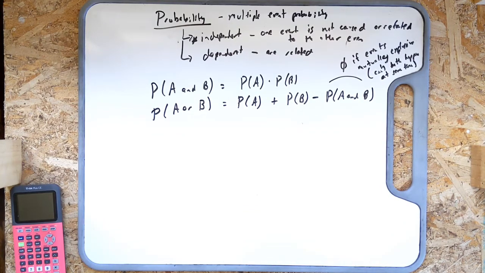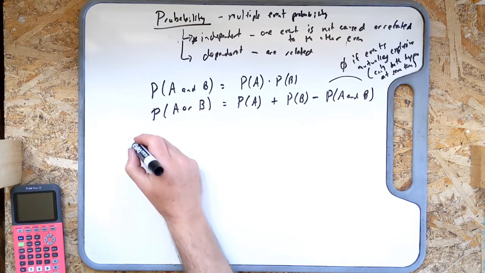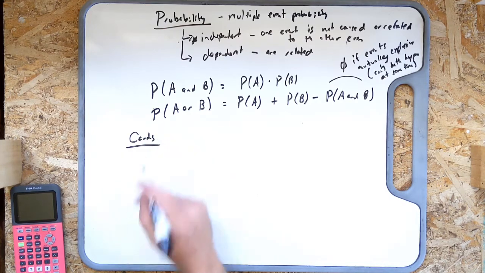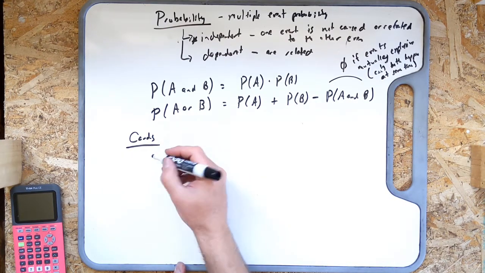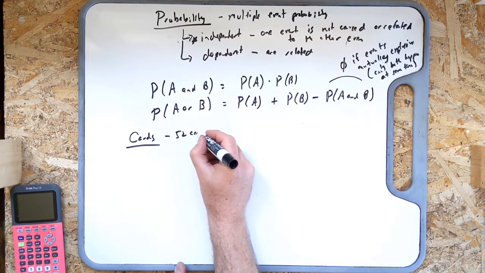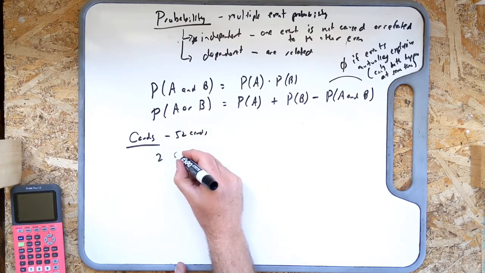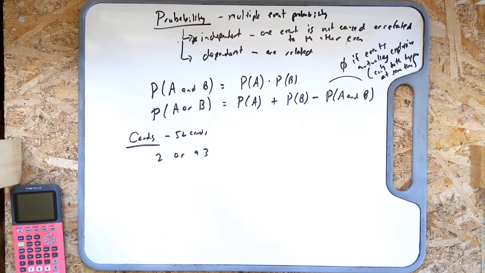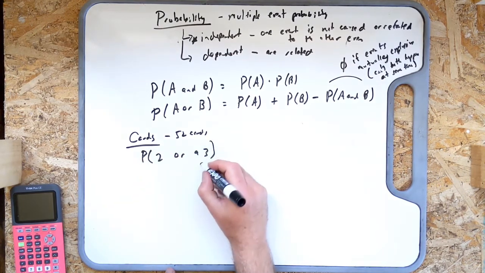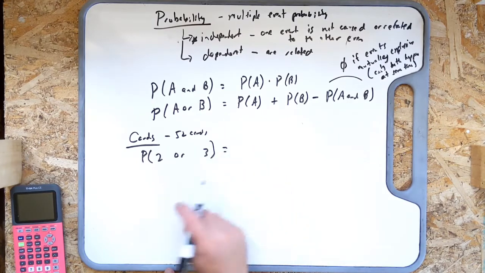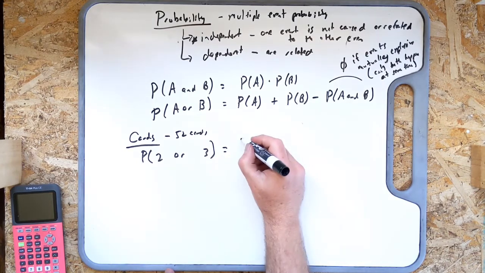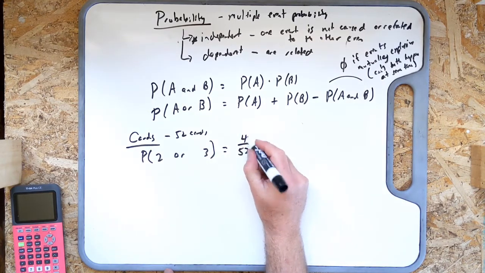Okay, so let's give examples. We'll do it with cards again. So what is the probability that you are dealt from a random deck of 52 cards a 2 or a 3? So all you do is the probability of getting a 2, which is 4 out of 52. There are 4 2s.